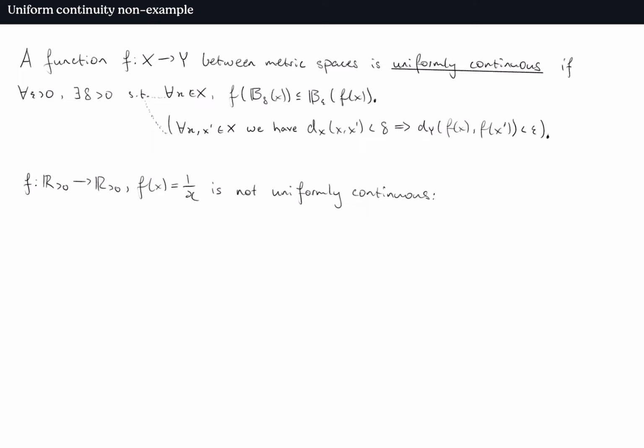So we have there exists epsilon greater than 0, such that for all delta greater than 0, there exists, so we're going to take x and x prime.